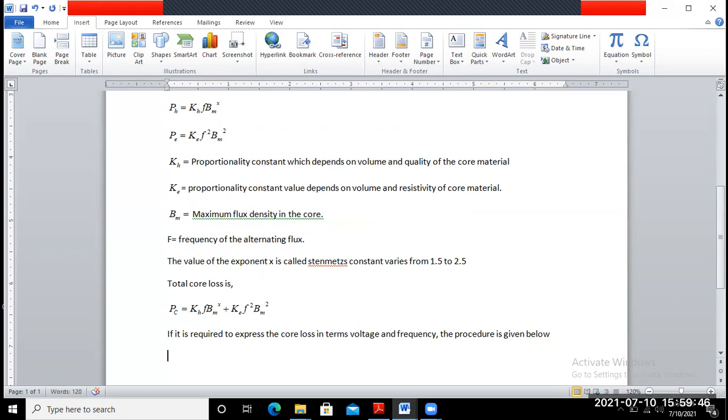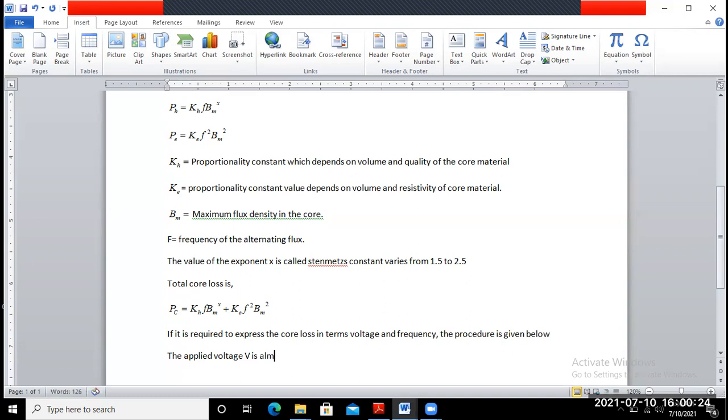The applied voltage V is almost equal to the induced EMF.